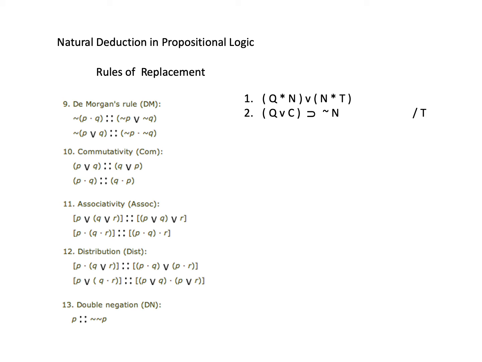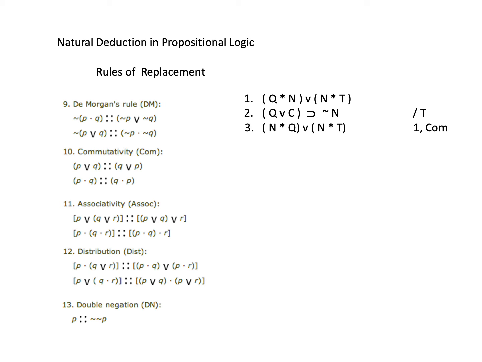The first move I'm going to make is to do commutativity to move N and Q to the other side of the conjunction. So now we have N conjunction Q disjunct N conjunction T. The reason I did that is so I can apply distribution to line 3.